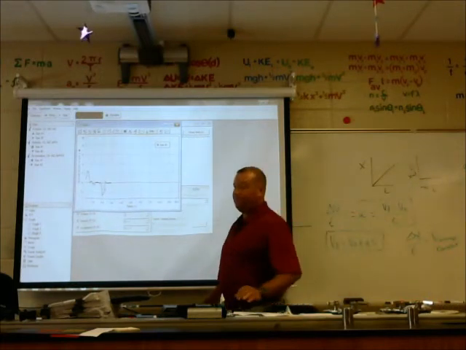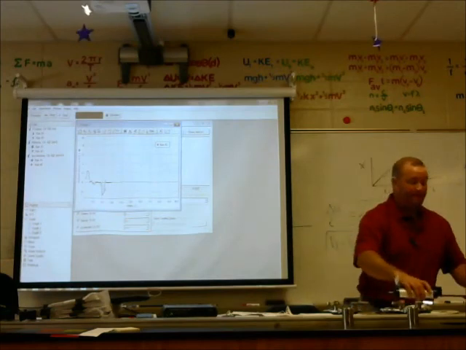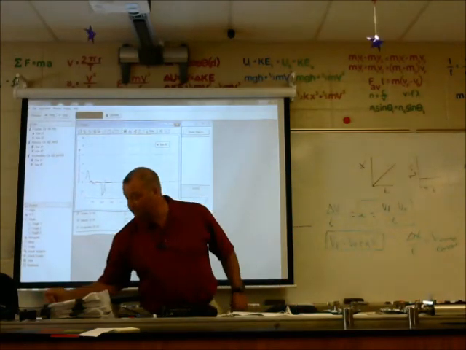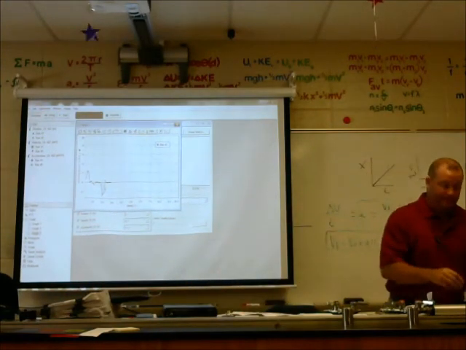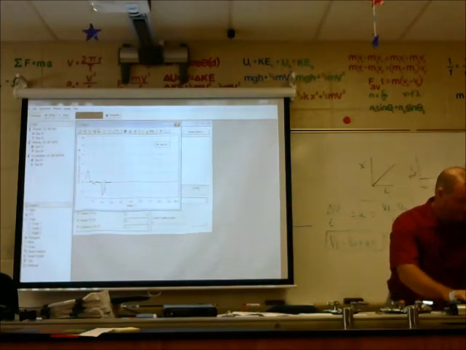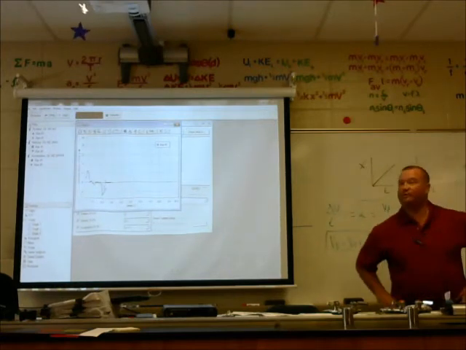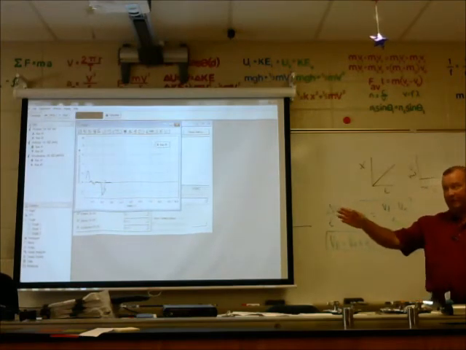All right. What happens if I start my cart here? And I'll let this be the origin. If this is my origin, which direction is it going to move? In the negative direction, right?